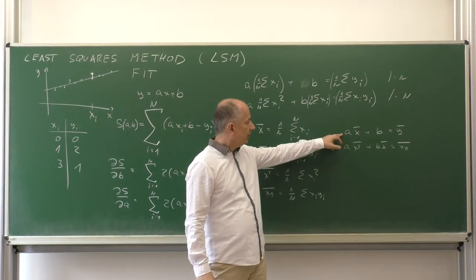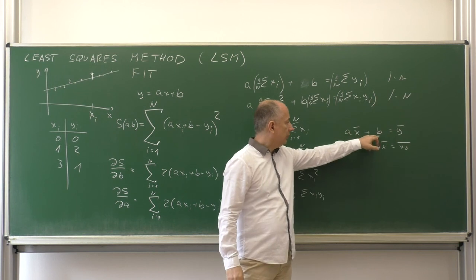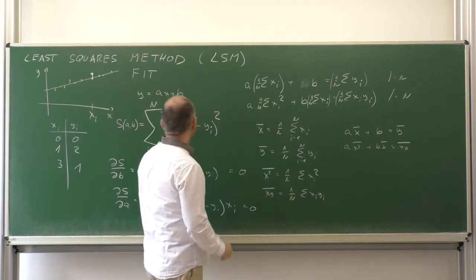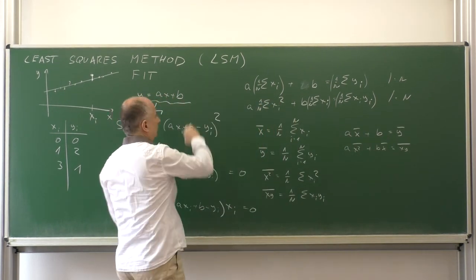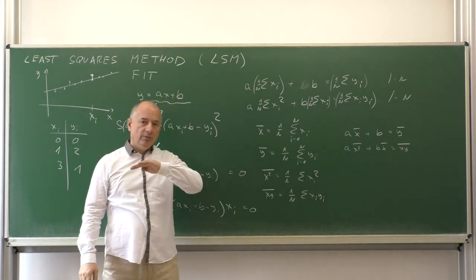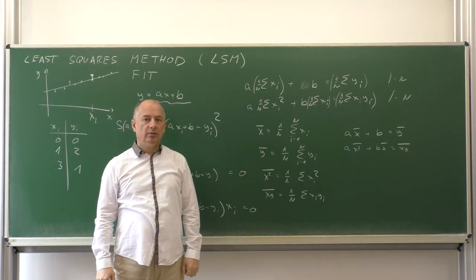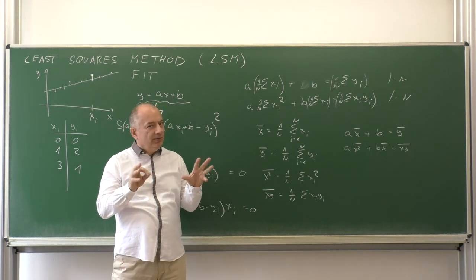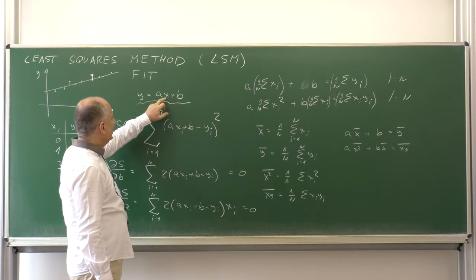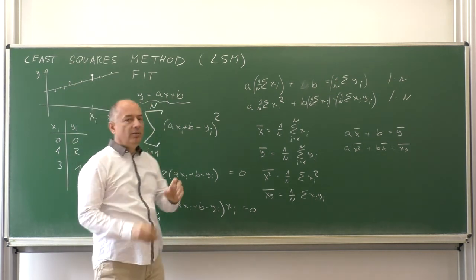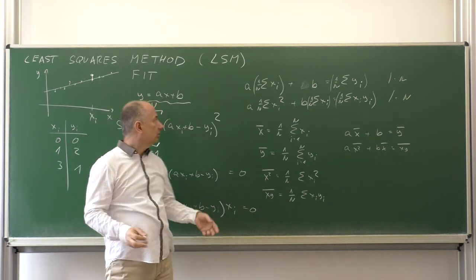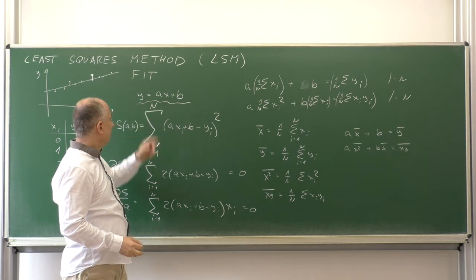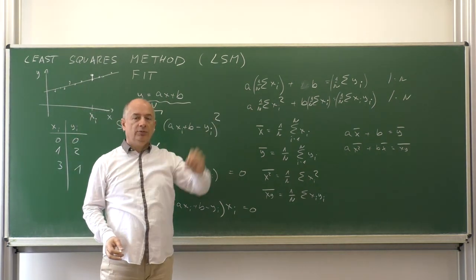If we look at the first equation, a x bar plus b is y bar, it resembles the form of the line that we want to fit through the experimental points. Well, the letters have different meanings, right? This x and this y are some variables, the independent variable and dependent variable in the equation of the straight line.